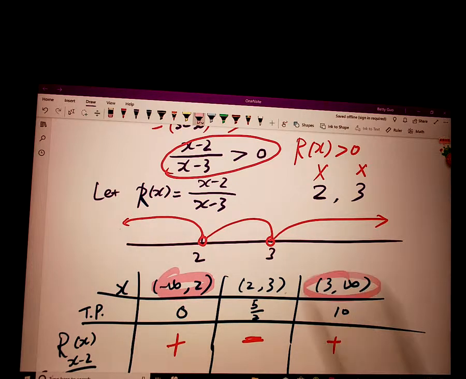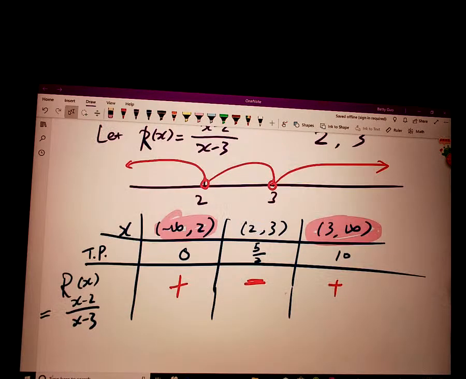Here we go. You see that? So the solution set of the rational inequality is the union of two intervals: negative infinity to 2, open, union 3 to positive infinity, open. So this is the sign chart method for solving a rational inequality.